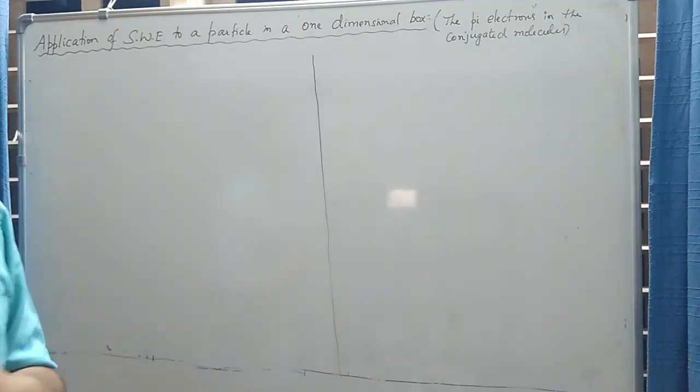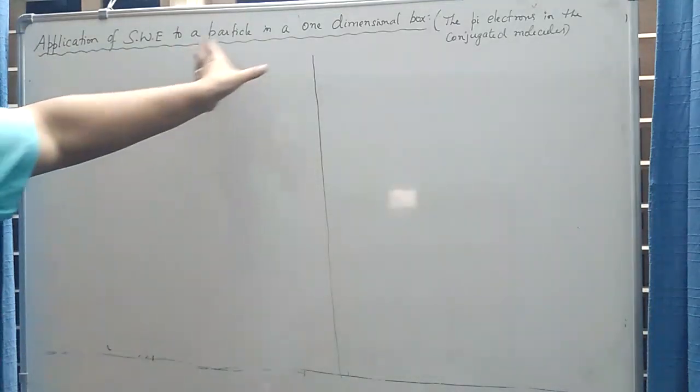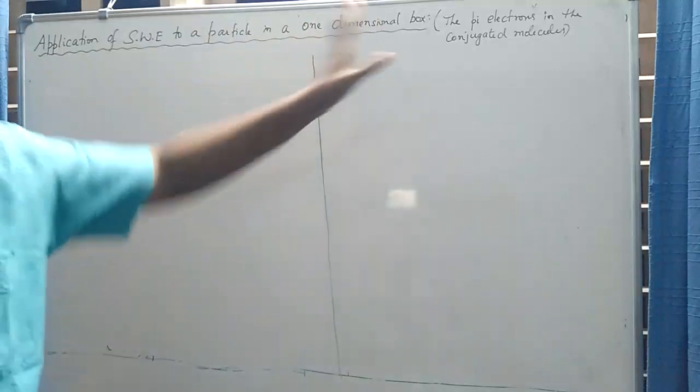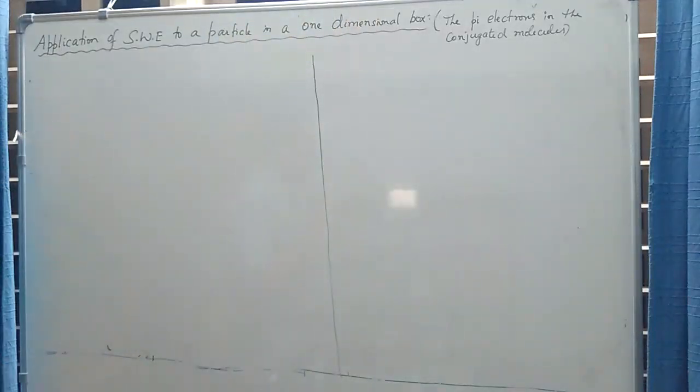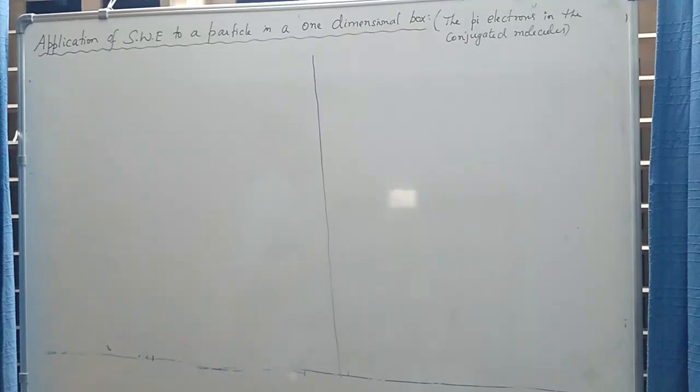I repeat, even though we do not have any system in chemistry to which the particle in a one-dimensional box fits, this is still a very important topic in chemistry, because the final results, the expression for energy and the expression for the wave function, give important information about the quantum mechanical results. In that aspect, this is very important.